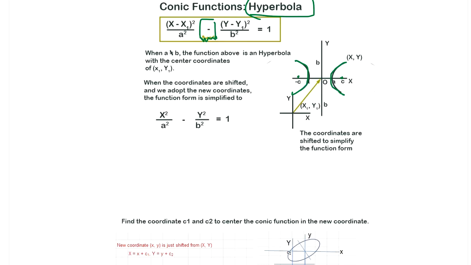Because this curve is very peculiar for light reflection. When parallel lights come in, the reflected lights go to the focus point, because of the light reflection law, Snell's law in physics.